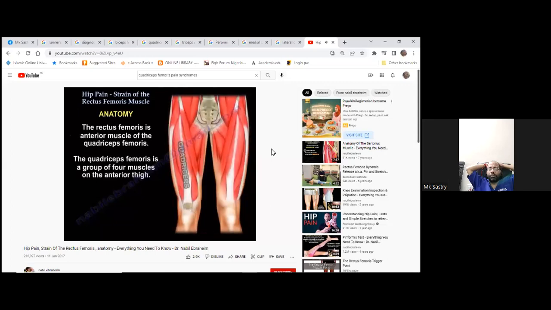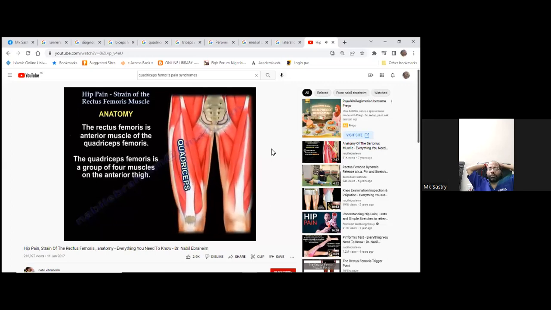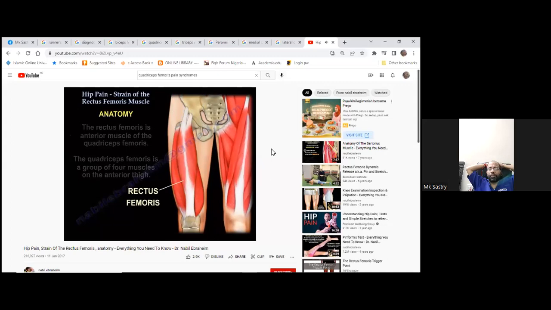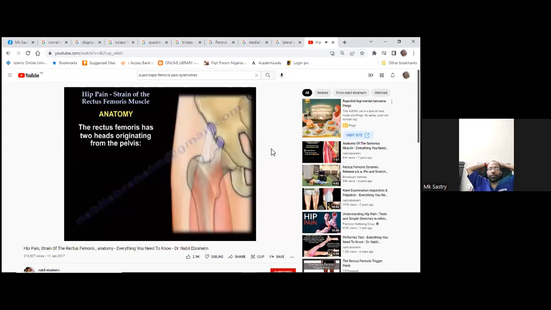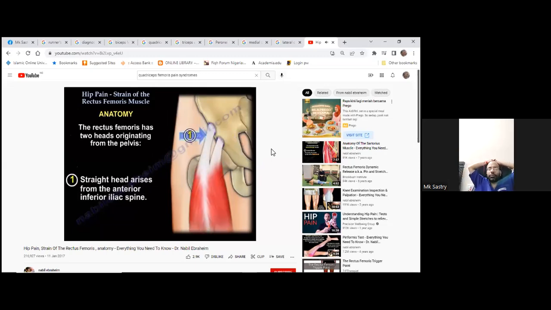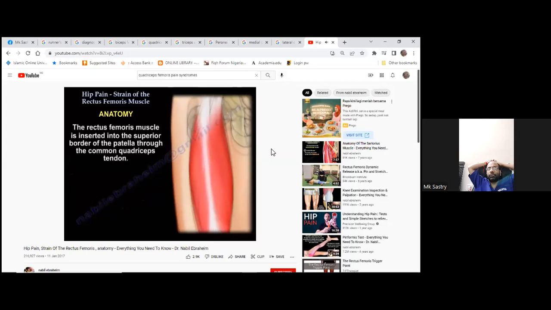So the rectus femoris is the anterior muscle of the quadriceps femoris. The quadriceps femoris is a group of muscles in the anterior thigh. The rectus femoris has two heads or two origins. The straight head arises from the anterior inferior iliac spine of the pelvis. The reflected head originates from a groove superior to the acetabulum.